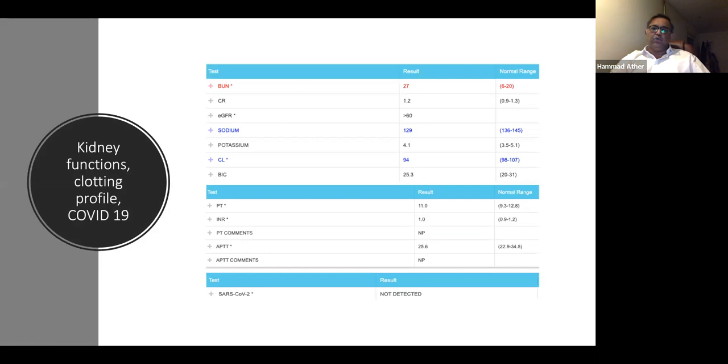We put a tube, a drain, and effusion was sent for analysis. The report is still not available. Now I'll just show you the CT scan, and we can have then some comments from you guys.